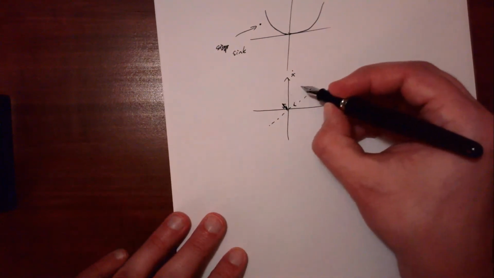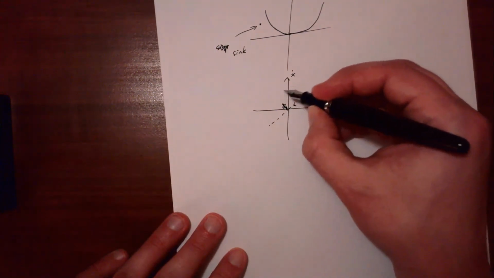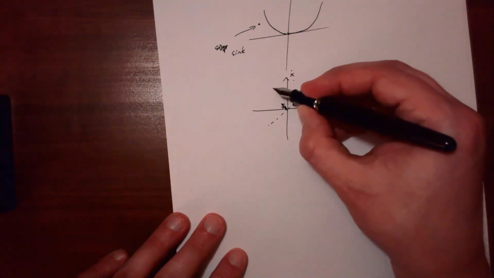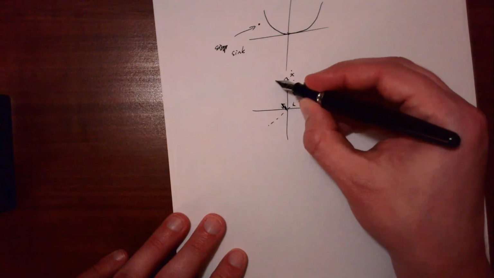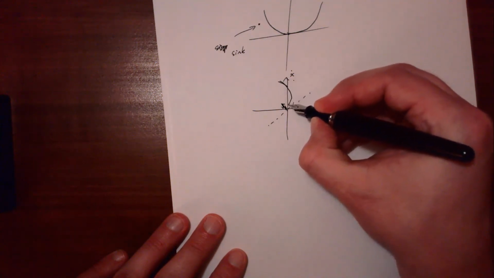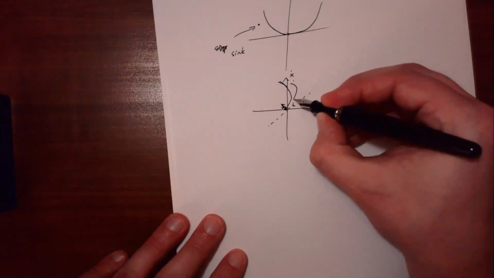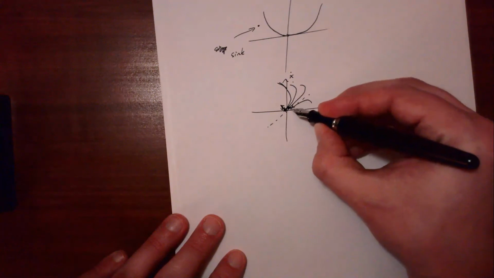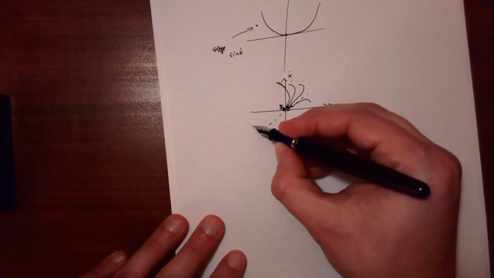So then you just have something that, let's say this one is the dominant one. So then you just have something that is starting off going kind of this way, and then comes in. So they're just coming in this way.